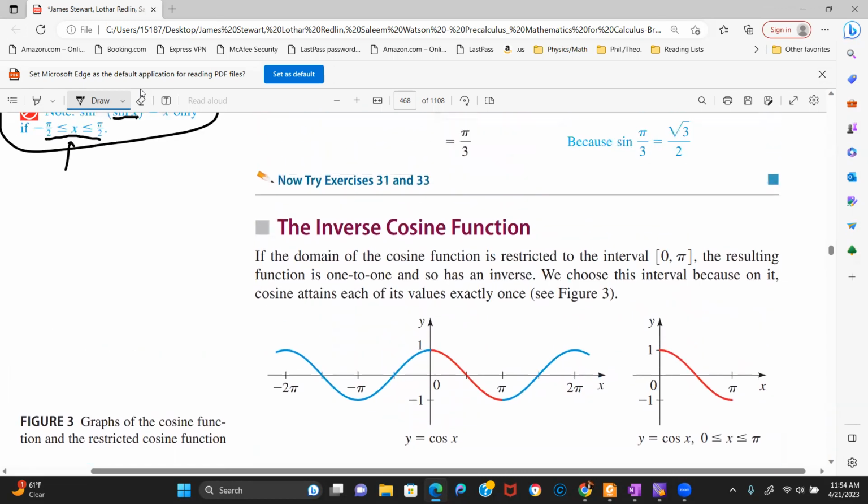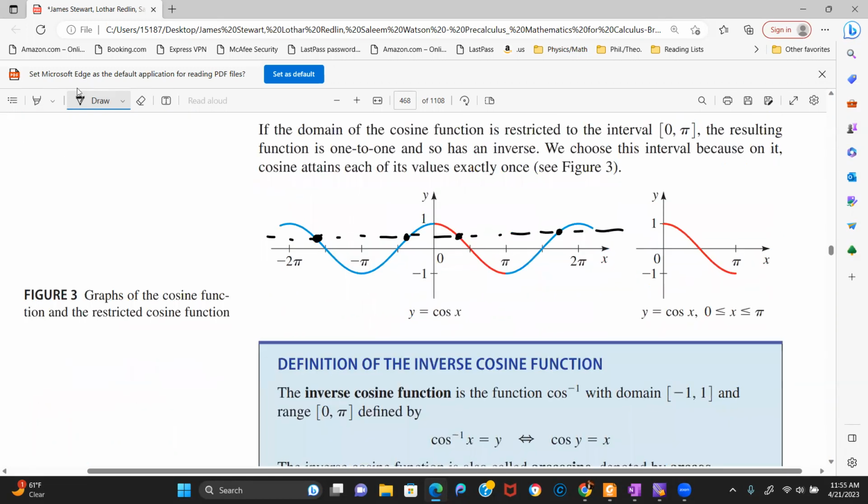All right, so what about cosine inverse? Well, it's basically the same thing. Cosine defined on the whole real line does not have an inverse, and that's because here's a horizontal line that intersects at more than one spot, in fact, at infinitely many spots.